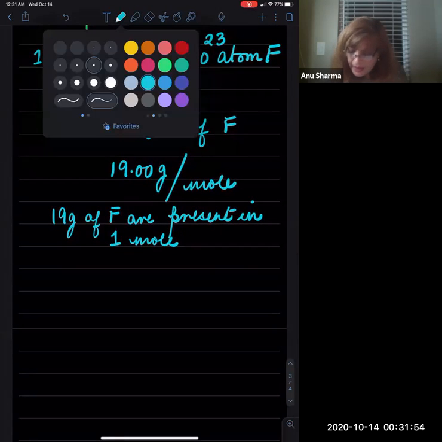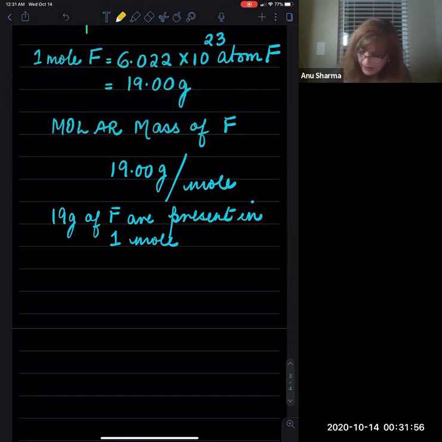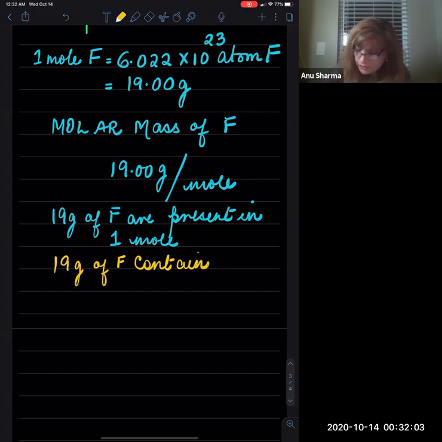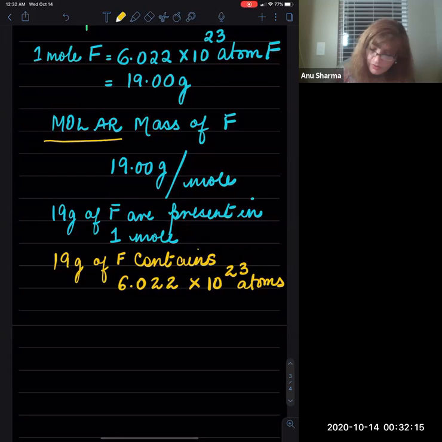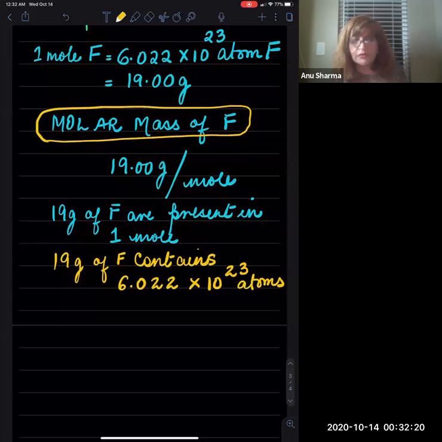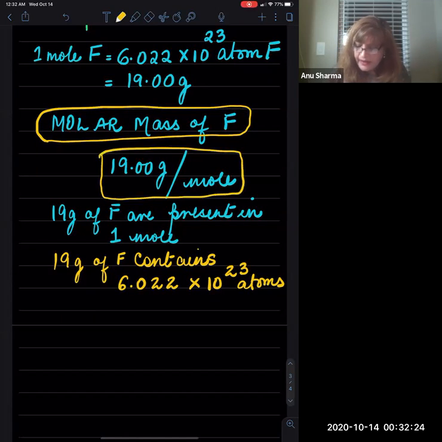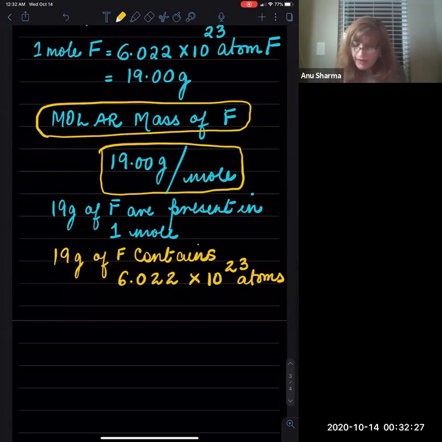In other words, 19 grams of fluorine contains 6.022 times 10 to the power 23 atoms. So this molar mass has all this information in it. That's what it means. Generally the molar mass unit is grams per mole, and then we can expand on it further.